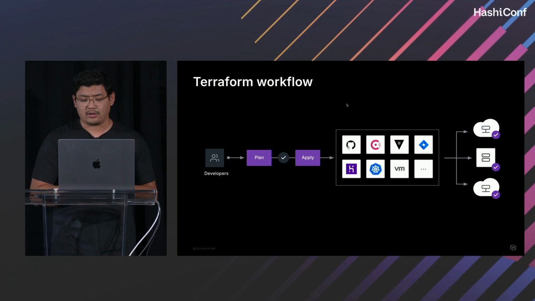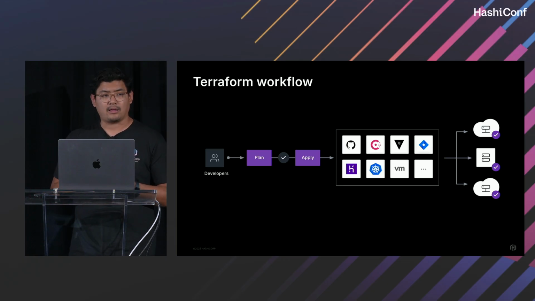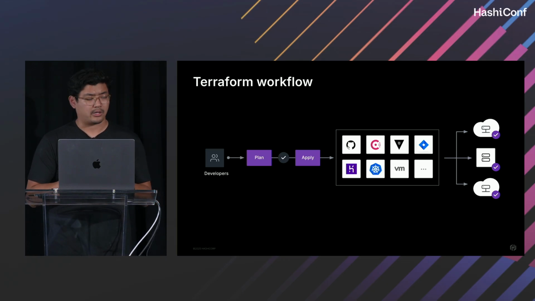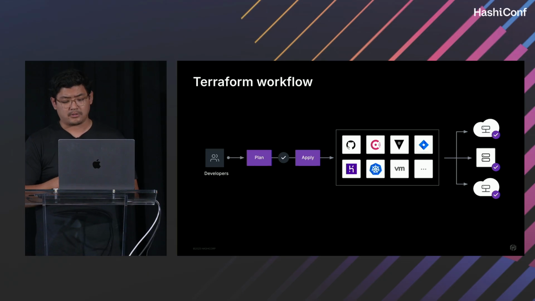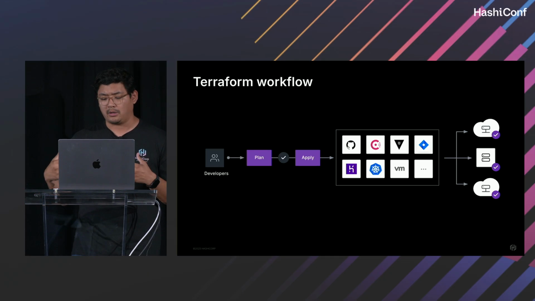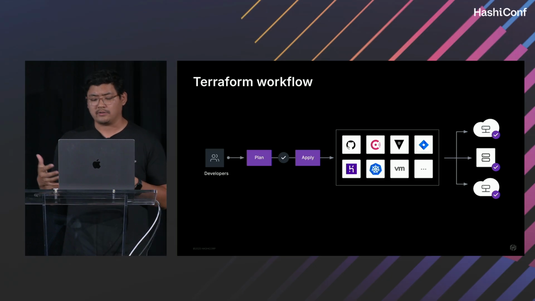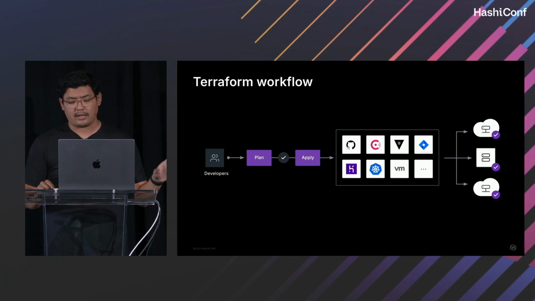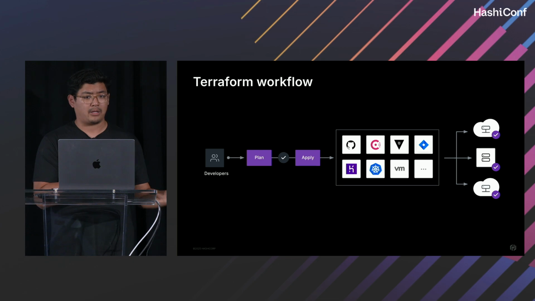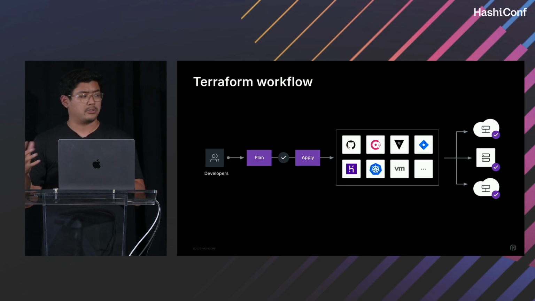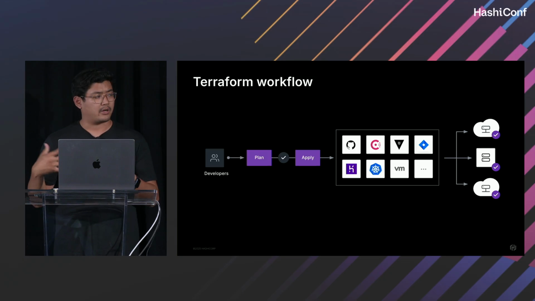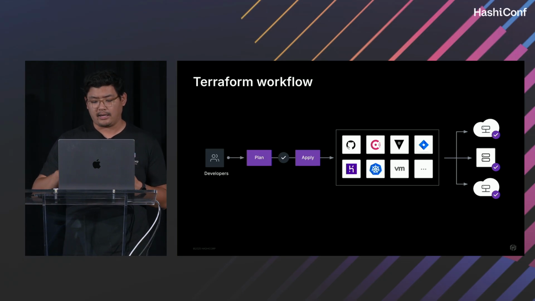For example, there is the GitHub Terraform provider that lets you manage things like your GitHub organization members and teams. You can use the Consul provider to manage a Consul cluster itself, or you can use the Vault provider to configure a Vault cluster and populate it with secrets, or inject those secrets directly into Terraform so you can use them to configure other infrastructure.